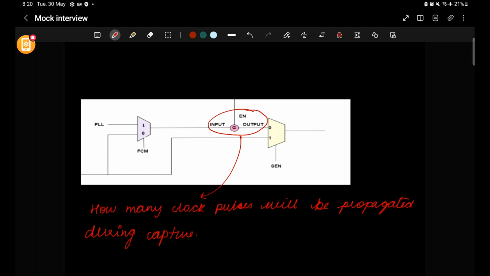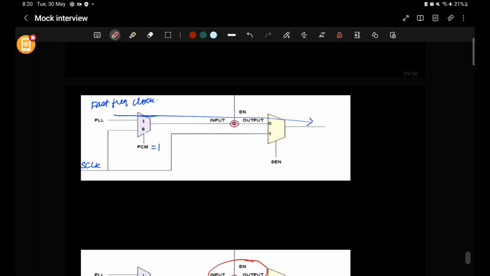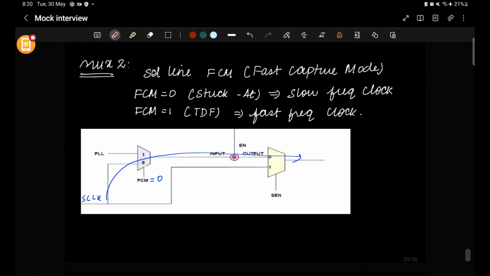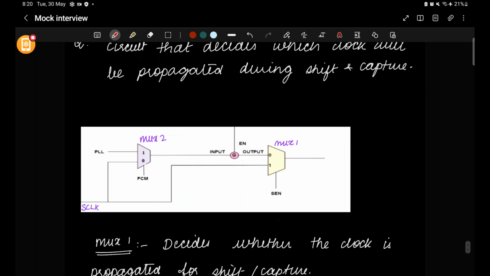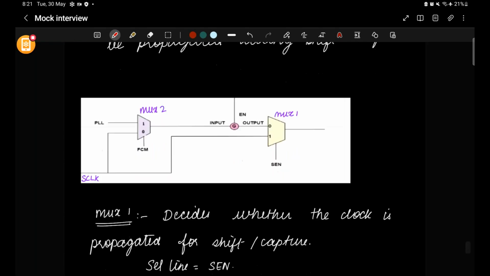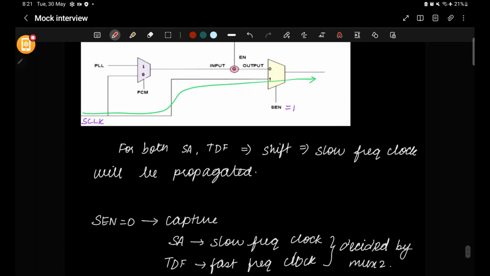Okay, so according to this diagram, when it is shift phase, whether it is stuck at or TDF, slow frequency clock will be propagated. If it is capture, if it is stuck at, slow frequency clock will be propagated.